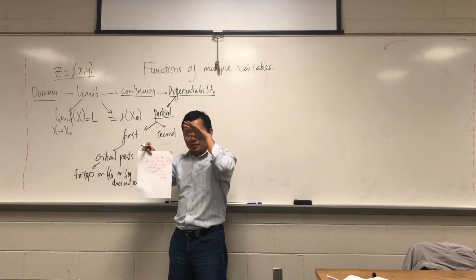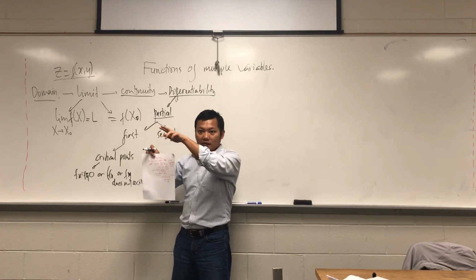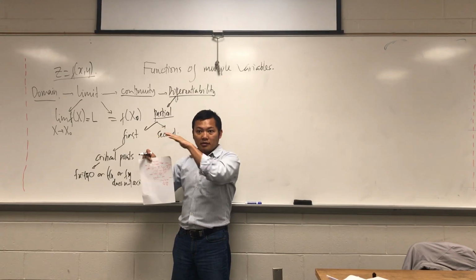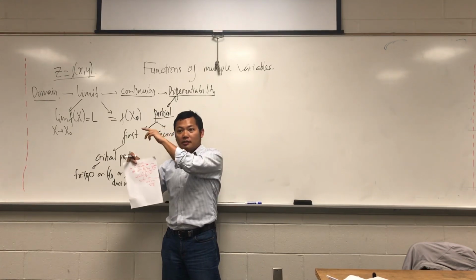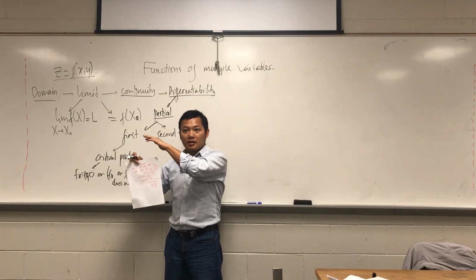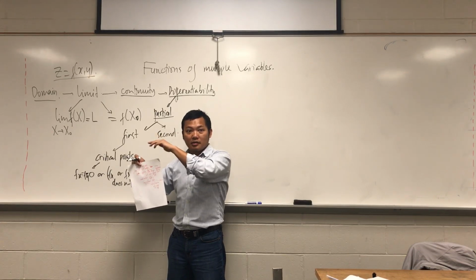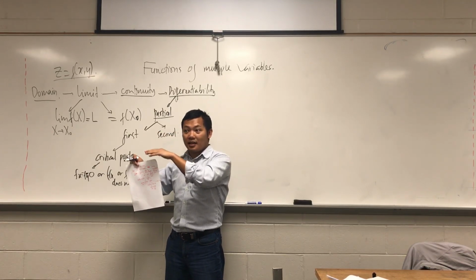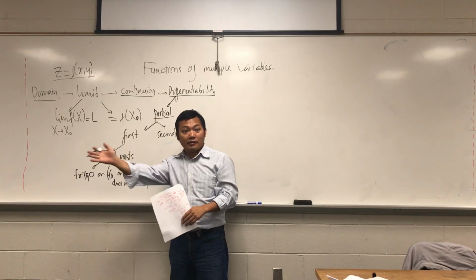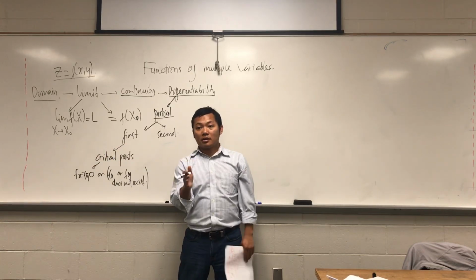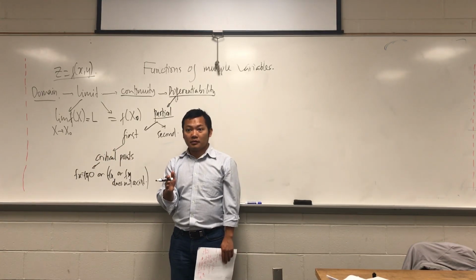This plane intersects the surface in some curve, and we consider the tangent line to that curve. The slope of that tangent line is called the slope in the x direction. Similarly, we have the y direction, and we have the directional derivative, almost the same.